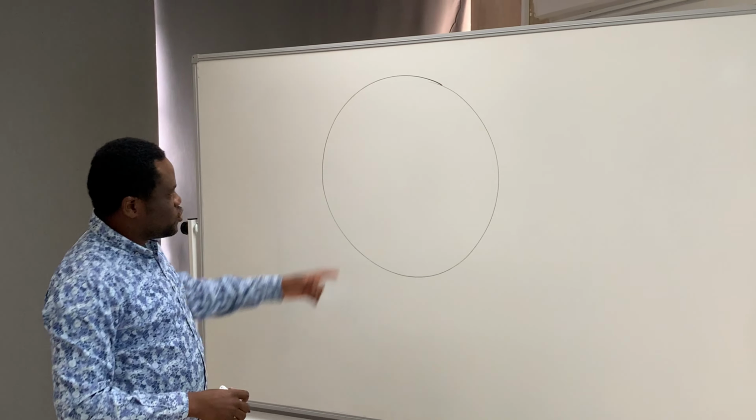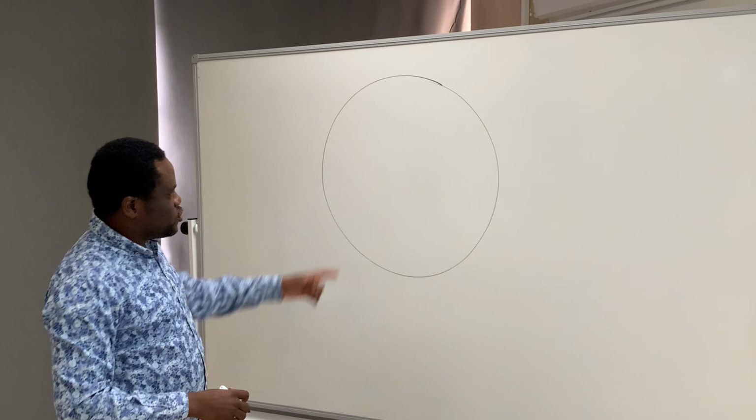Now, what if we have a fraction where the upper is bigger than the lower? That is, the numerator is bigger than the denominator. So that takes us to the types of fraction.